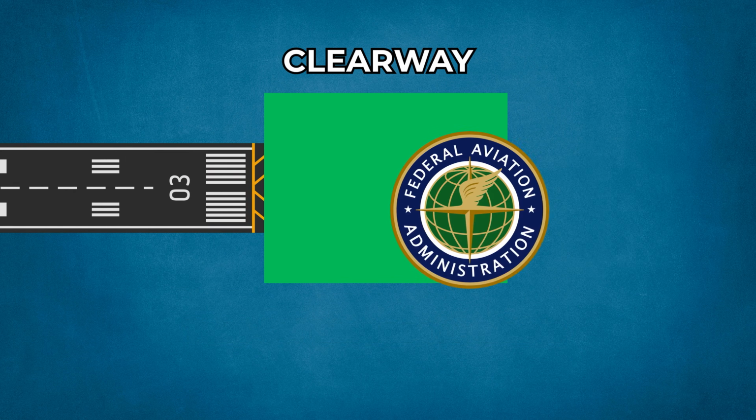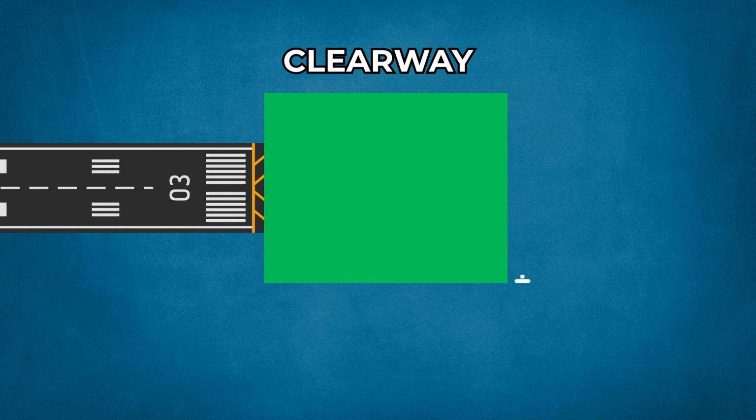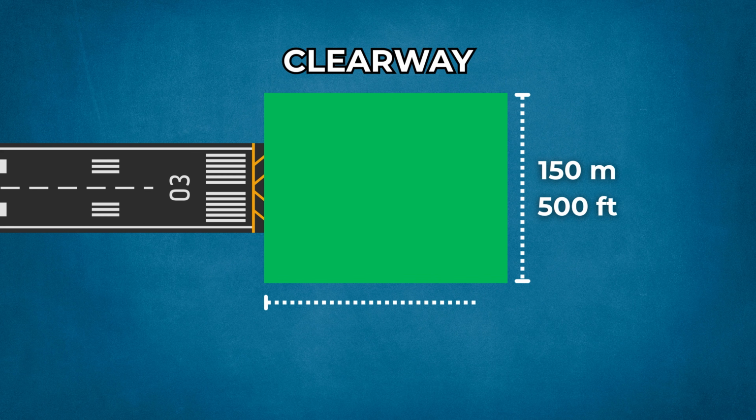According to the FAA, the clearway has to be at least 150 meters or 500 feet wide, and the practical limit for clearway length is 300 meters or 1,000 feet. The clearway is crucial for the successful execution of takeoff.